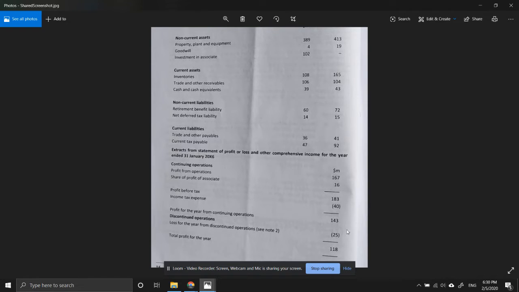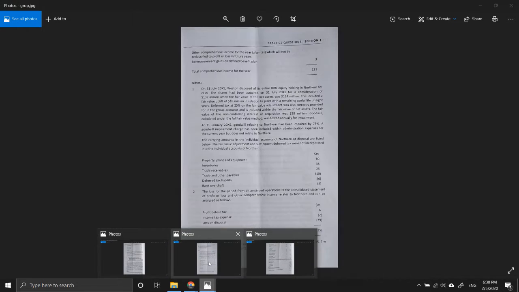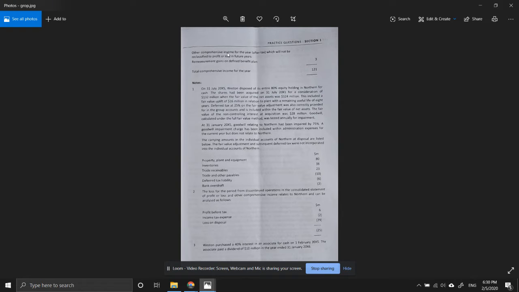Profit from continuing operations 143, loss for the year from discontinued operation, note number 2, 25. So total profit for the year 118. Then other comprehensive income after tax, which will not be reclassified to profit or loss. Normally we would have a tax for that component, but this is an after-tax figure, so we need to find out the actual gain as well.